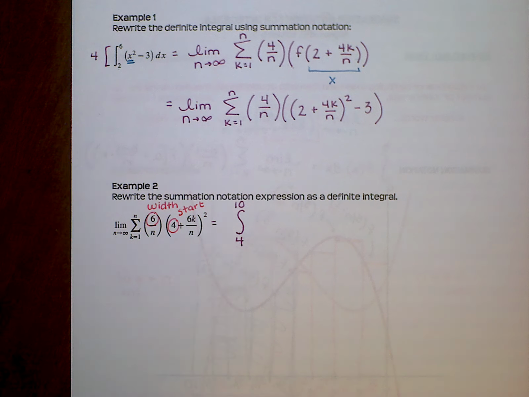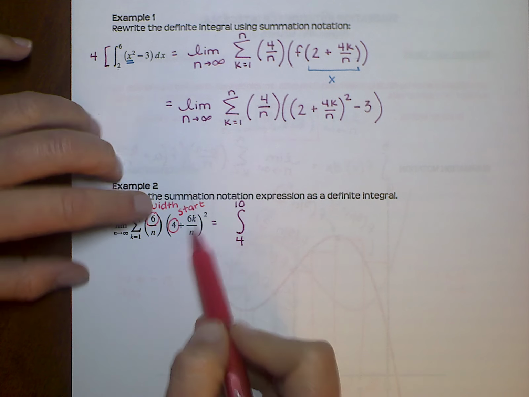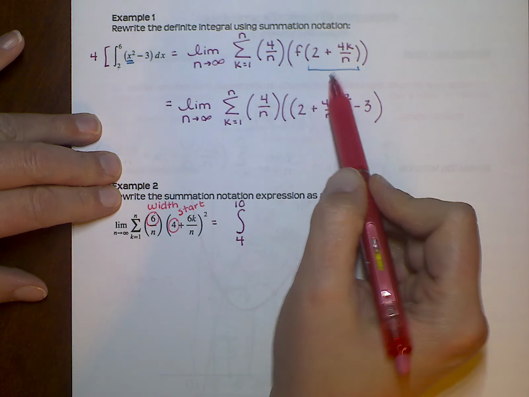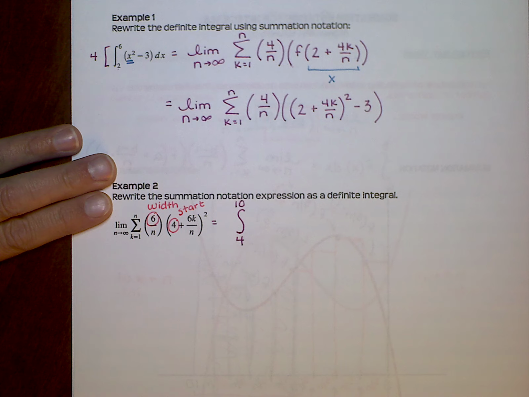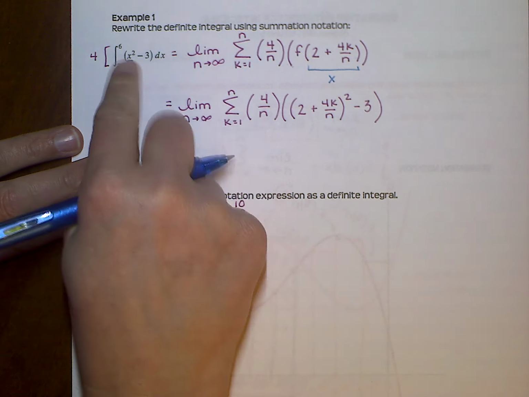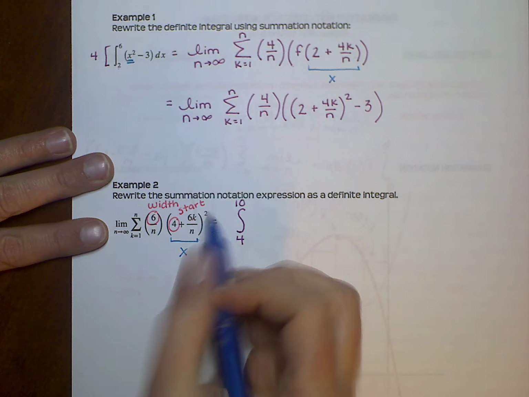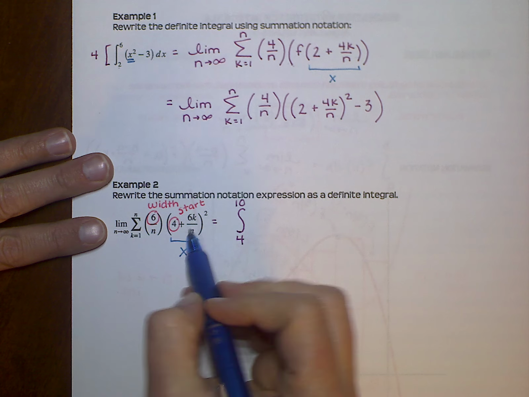Remember, this piece right here is my stand-in for x. Up here, we took this crazy thing and put it in place of x. Now we're going in the other order. So this thing is what used to be x.